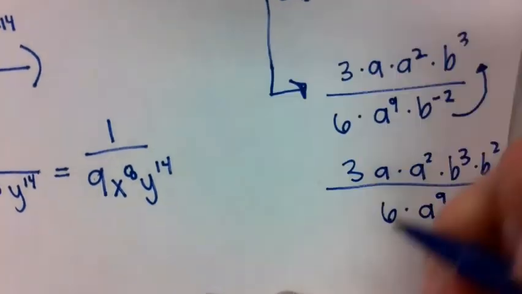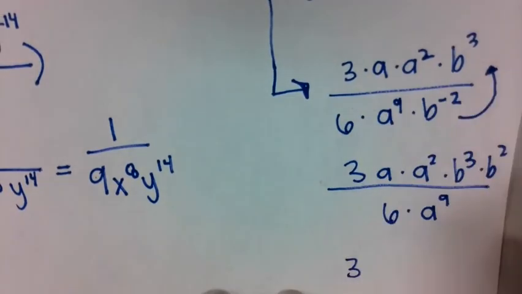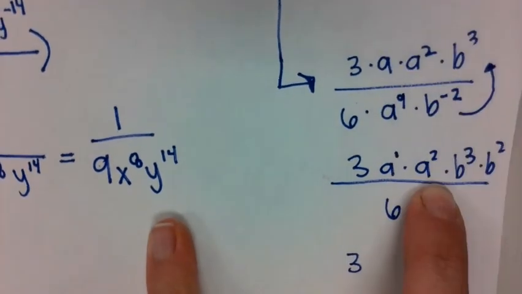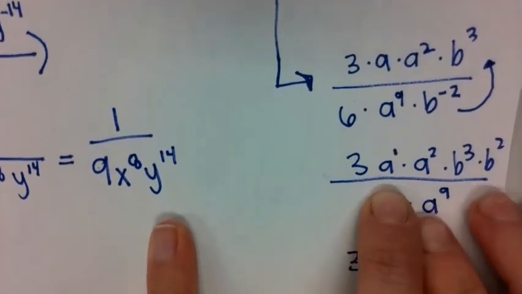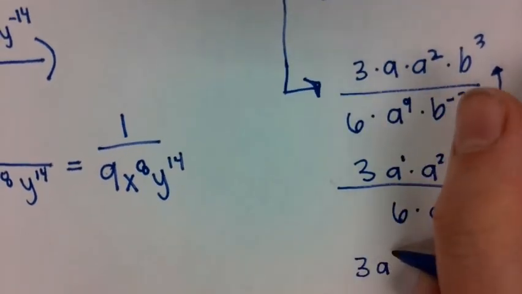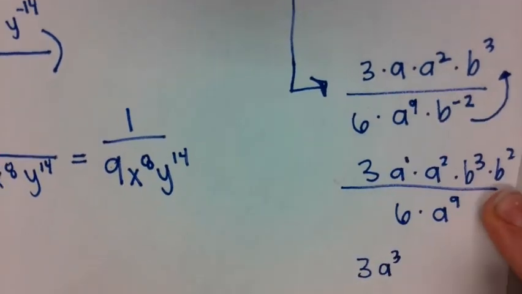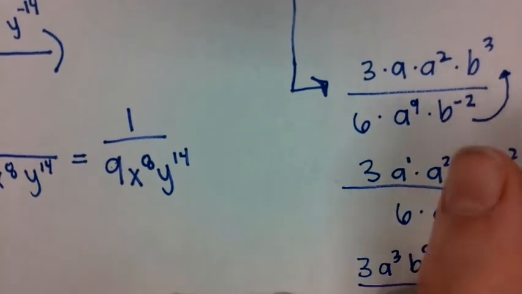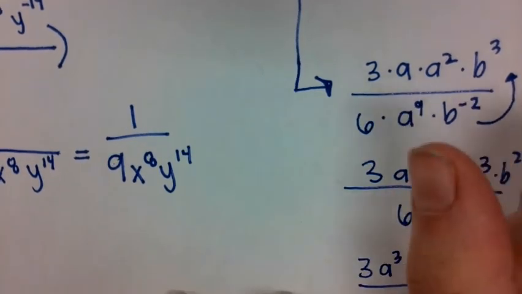So 3, there's nothing to simplify with a 3, times a squared. Now remember, if there's not one listed, the exponent is a 1. So when I combine these, I end up with a to the 3rd power, b to the 5th power, divided by 6 times a to the 9th power.